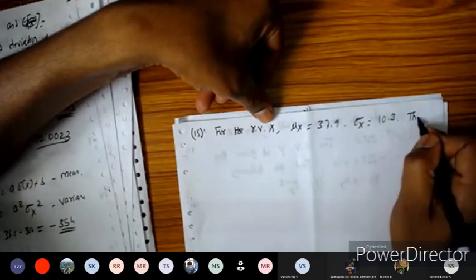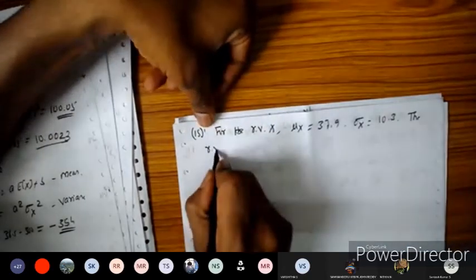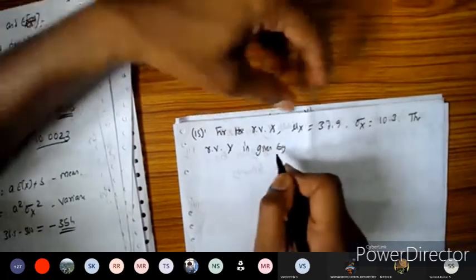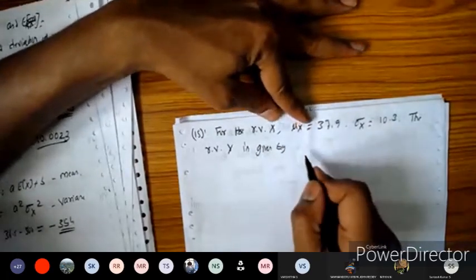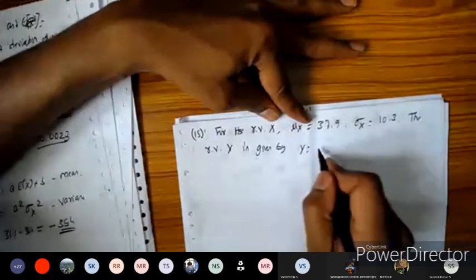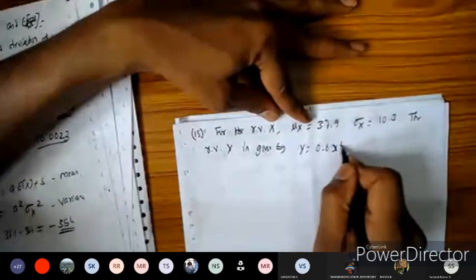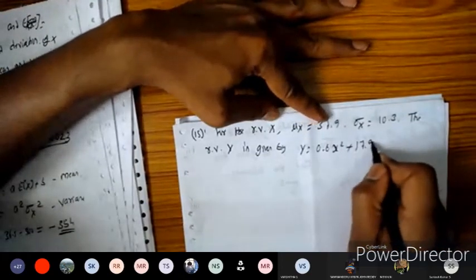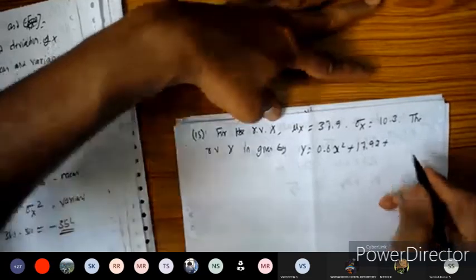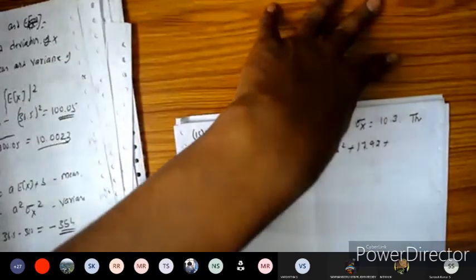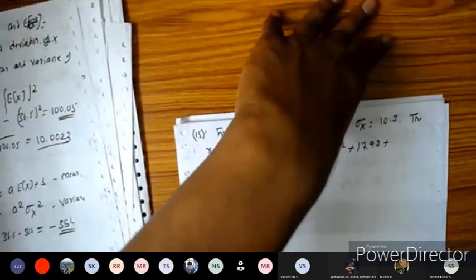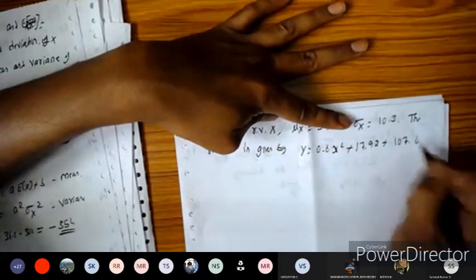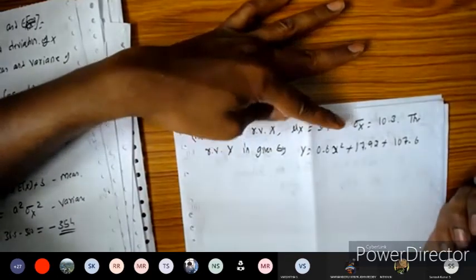The random variable y is given by y is equal to 0.6 x square plus 17.9 x plus 107.6.